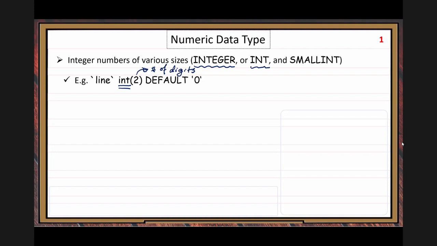Later we will talk about default again. We have other places where we talk about default. And another thing, I hope you still remember, I mentioned before this backtick. It's not single quotes, backtick. That symbol we use to avoid keyword conflict.